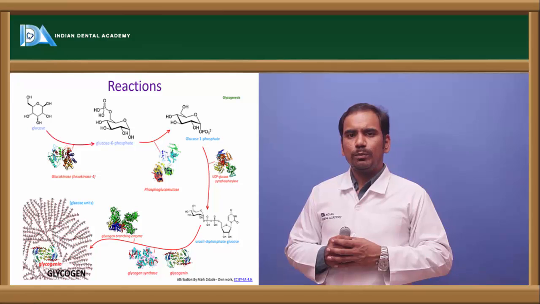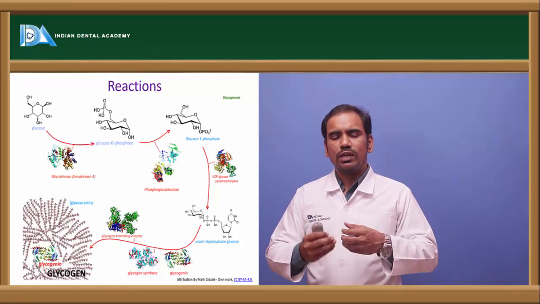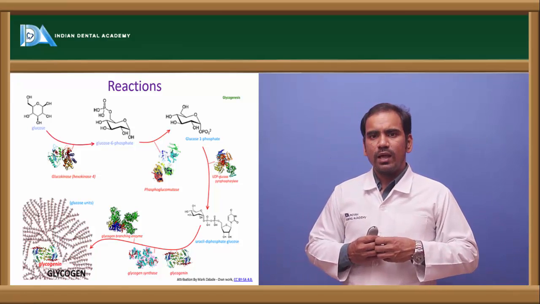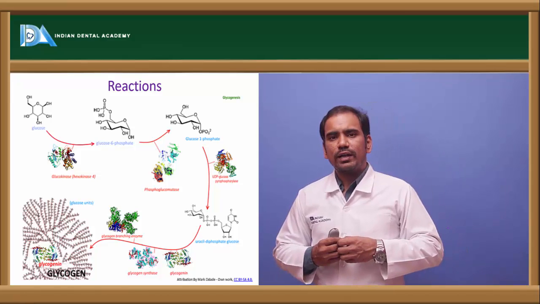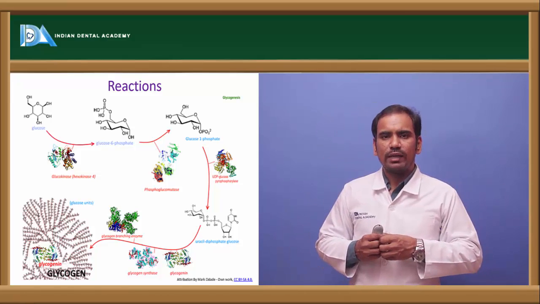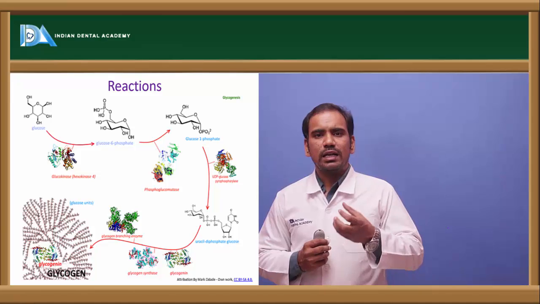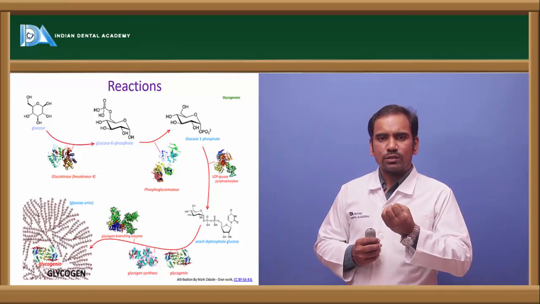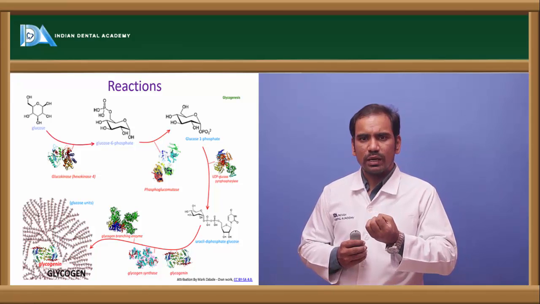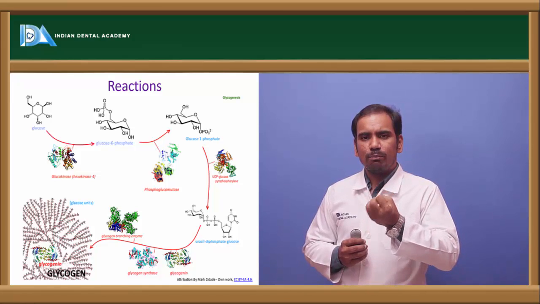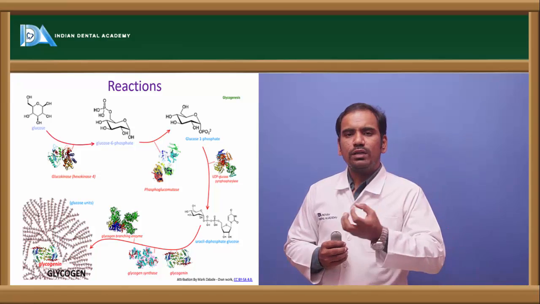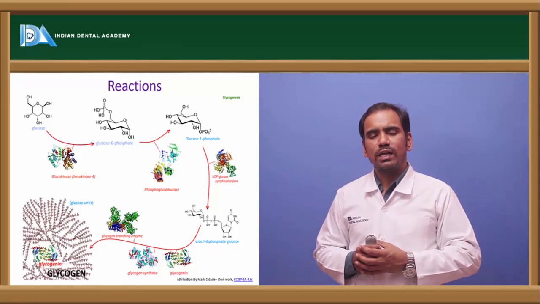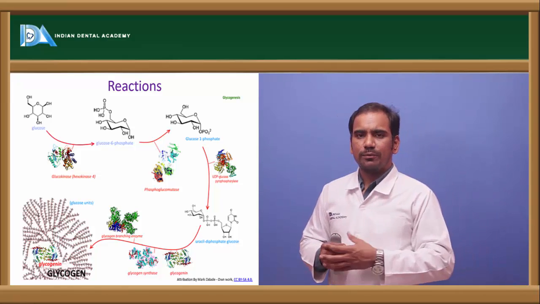Now what happens to UDP glucose? This UDP glucose is utilized in the synthesis of glycogen, and here we require a pre-existing molecule of glycogen. We call it the glycogen primer. Whenever glycogen is completely utilized, then a protein called glycogenin is used as the glycogen primer.